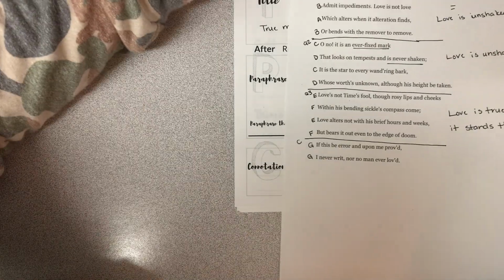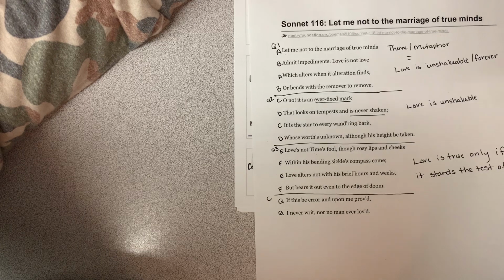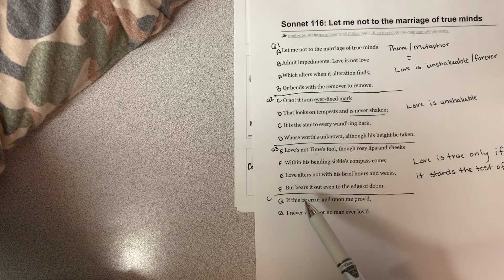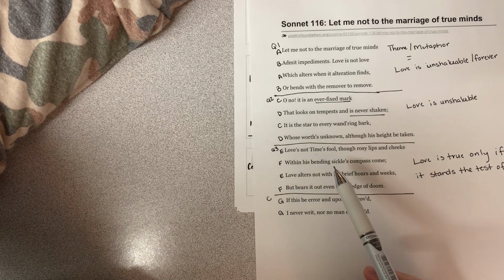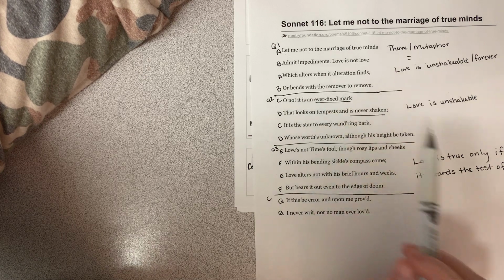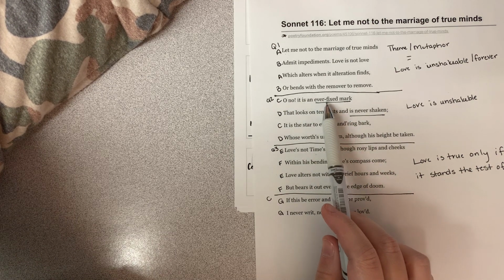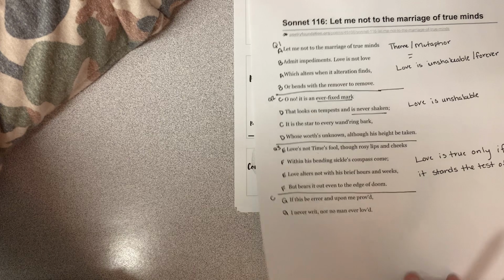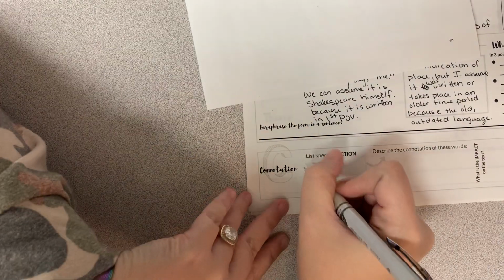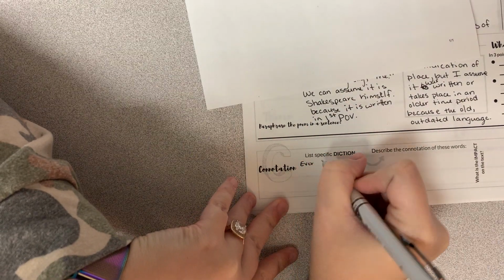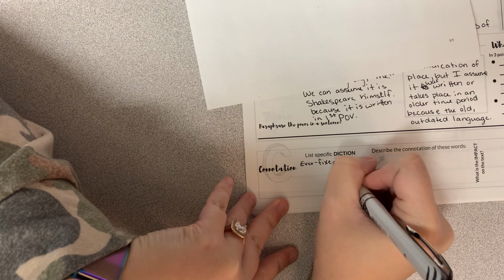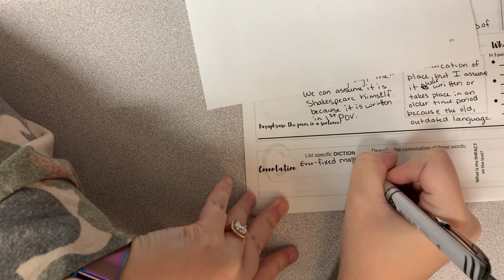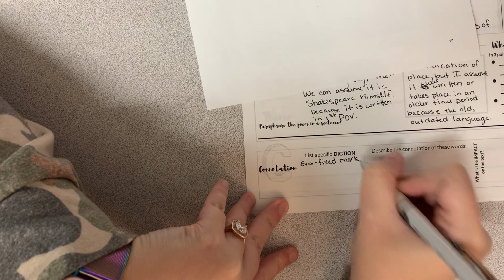So are there any words in here that really stick out? I think, and it can be phrases as well, ever fixed mark, I think is a good one. So I'm going to put that over here. Ever fixed mark, however you want to pronounce it, it's fine.